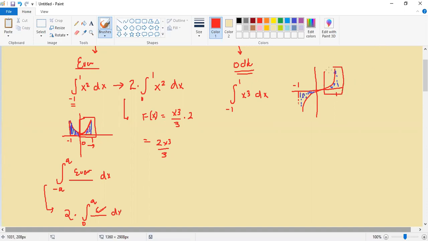If you were to zoom in on this particular area here, in order to find the area you would break this up into a bunch of rectangles and add those rectangles to each other, and you would integrate them in a sense, and that would be your area. What you're actually doing is finding the area of a particular rectangle and then adding that to the area of all the other rectangles.